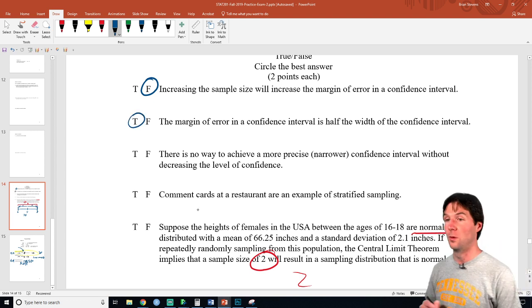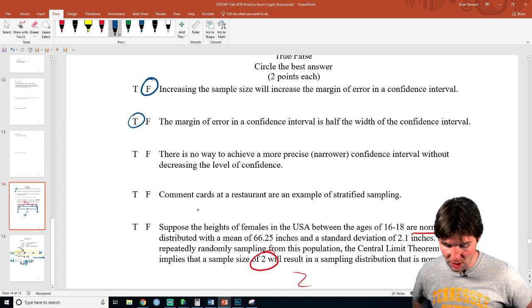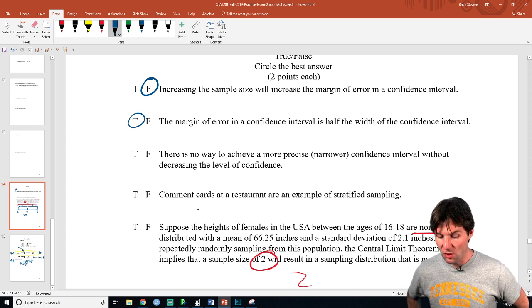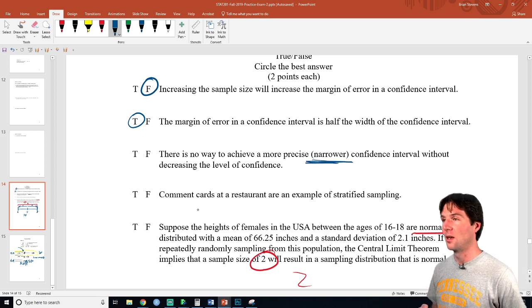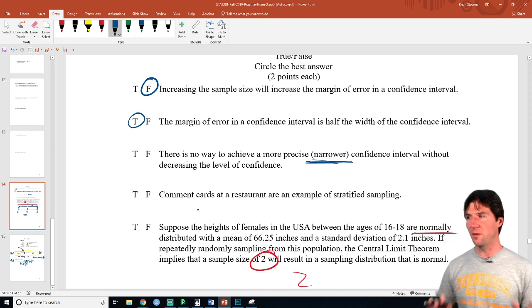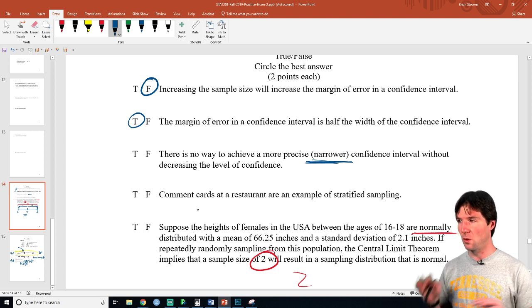Very, very true. There is no way to achieve a more precise confidence interval without decreasing the confidence level. When it says precise, it means narrower. What did we just find out up here? That if you increase the sample size... Now here's the thing though. Some people have come to me and said, wait a minute, precision and confidence go conversely.